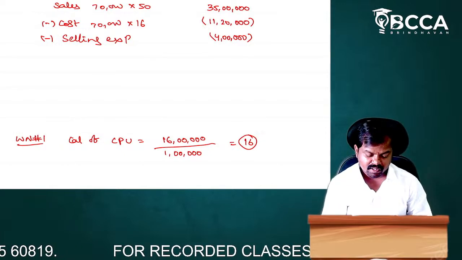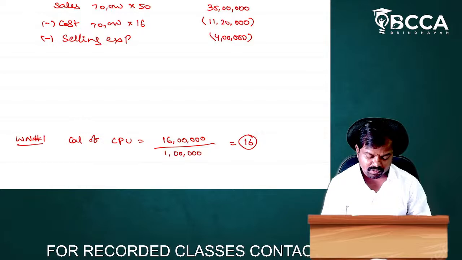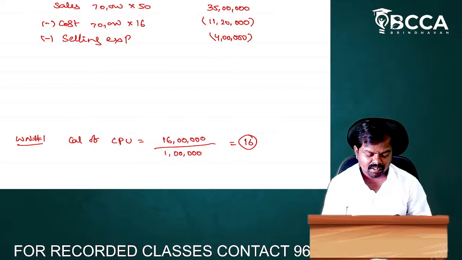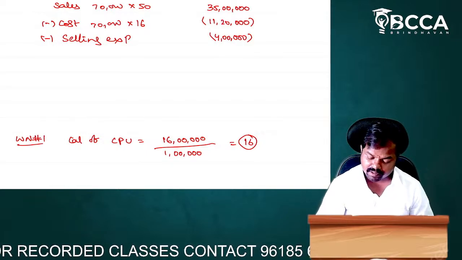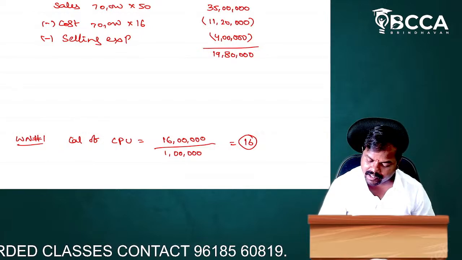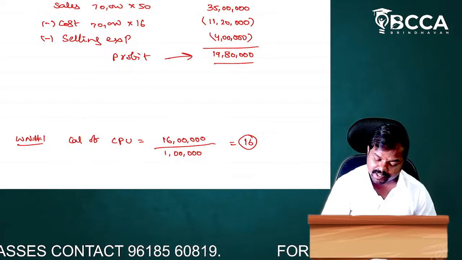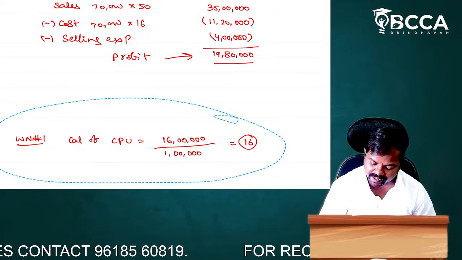It means 11,20,000 plus 4 lakh is 15,20,000, minus 35 lakh. Correct profit is 19,80,000. Is it correct, my dear friend?